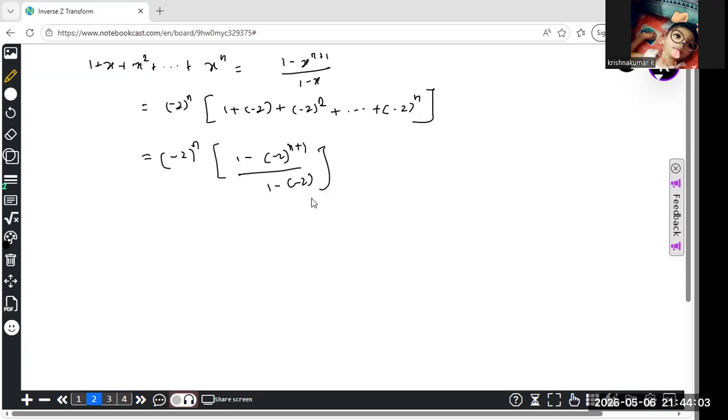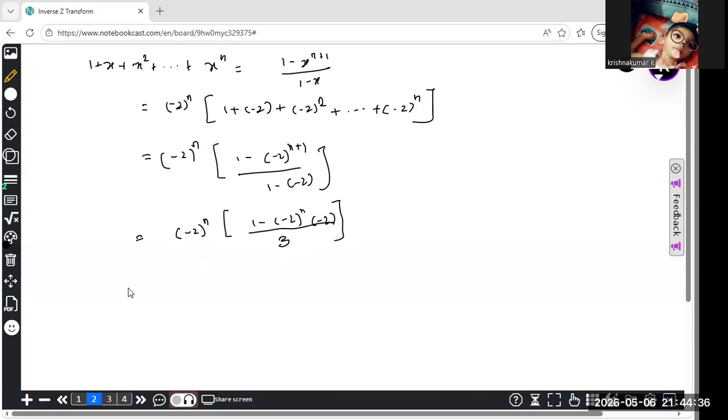Since n plus 1 means we can split it as (minus 2) power n into minus 2, and the denominator becomes 3.